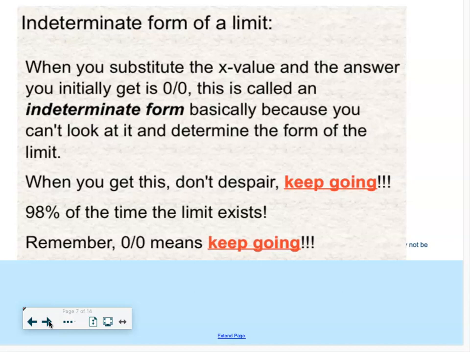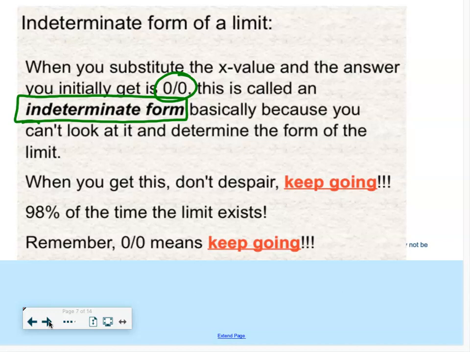Before we get into examples, we have to learn one little vocab term, which is these words called indeterminate form. Indeterminate form is what we call a limit when you initially plug in and get 0 over 0. There are actually other cases that you will get into in BC, but I won't because I'm not teaching BC.